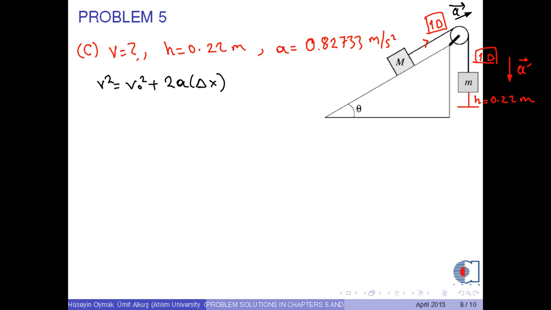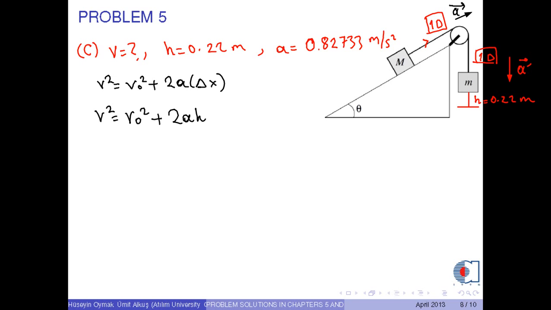We use the formula found in chapter 2, which relates velocities to acceleration and distance only. That is, v squared equals v0 squared plus 2a times delta x.